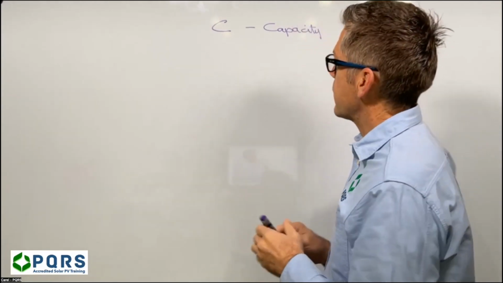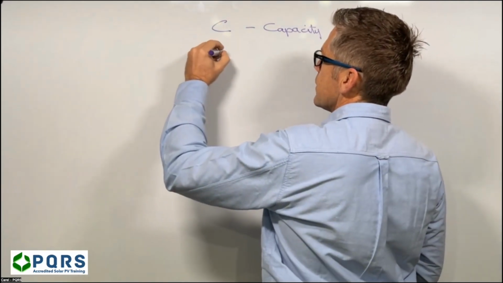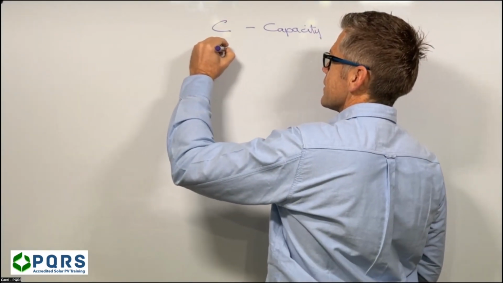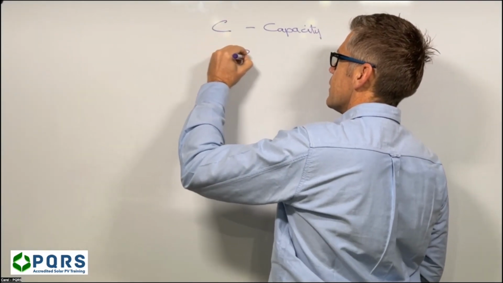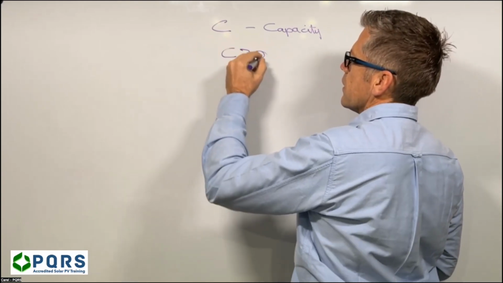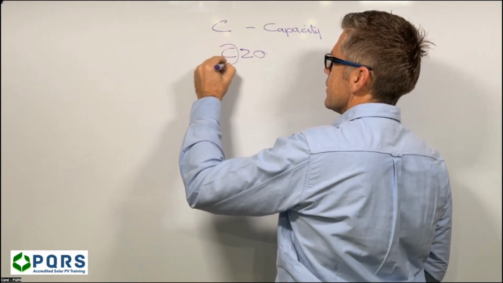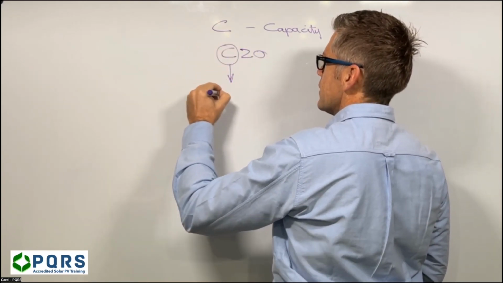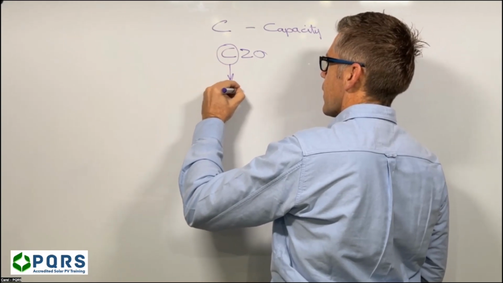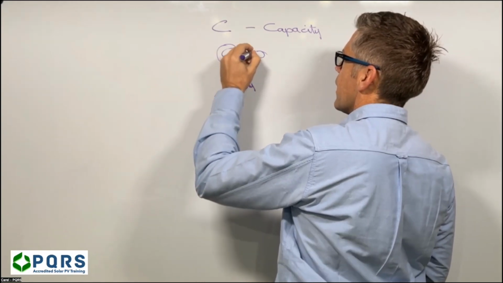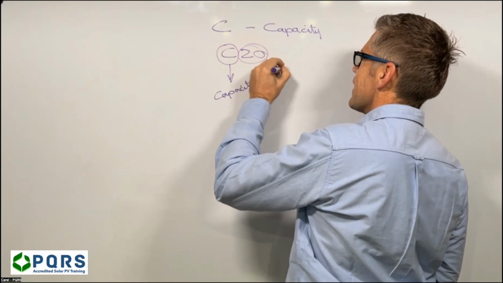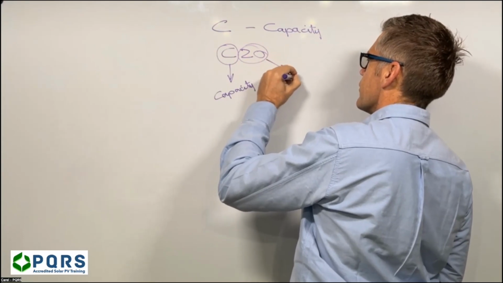With lead acid batteries, the C rating is normally indicated as a C20, for example. The C refers to the capacity of the battery, and the 20 is an indication of time.